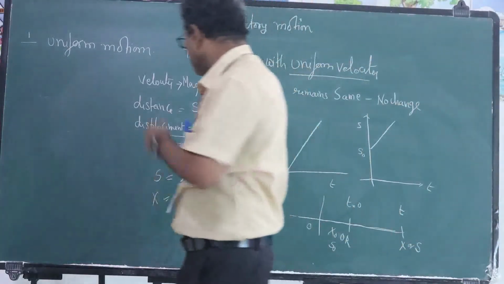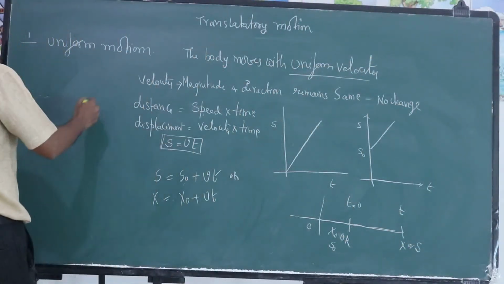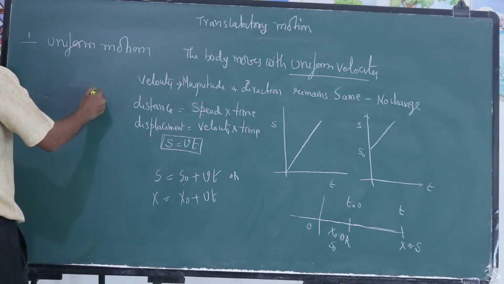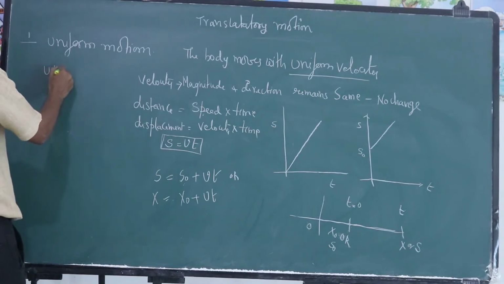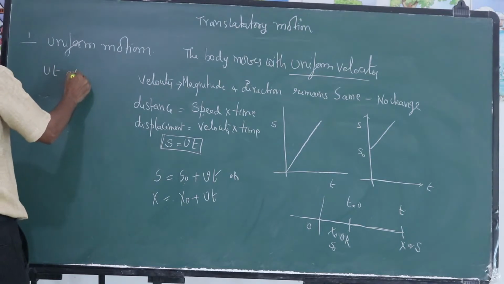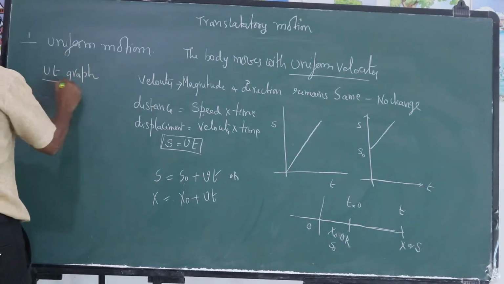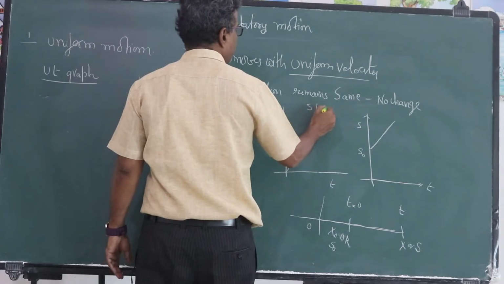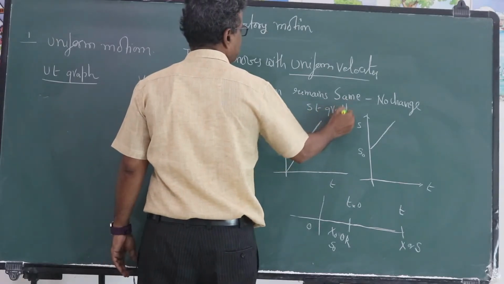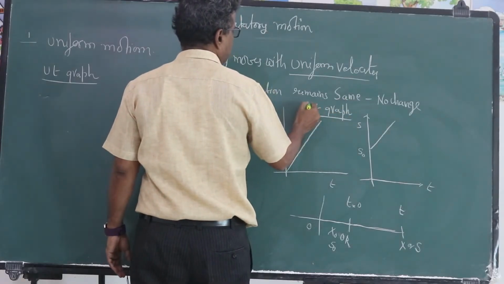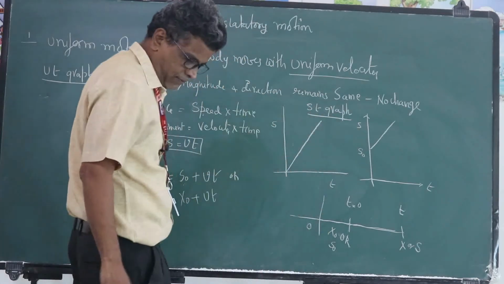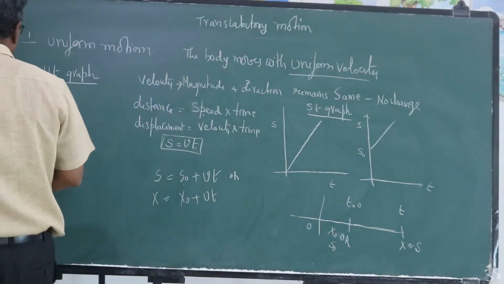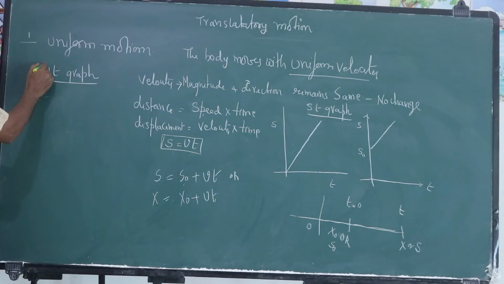Suppose you want the VT graph. You want to draw the VT graph. What is the ST graph? That is the displacement time graph. For the VT graph, V is constant here.